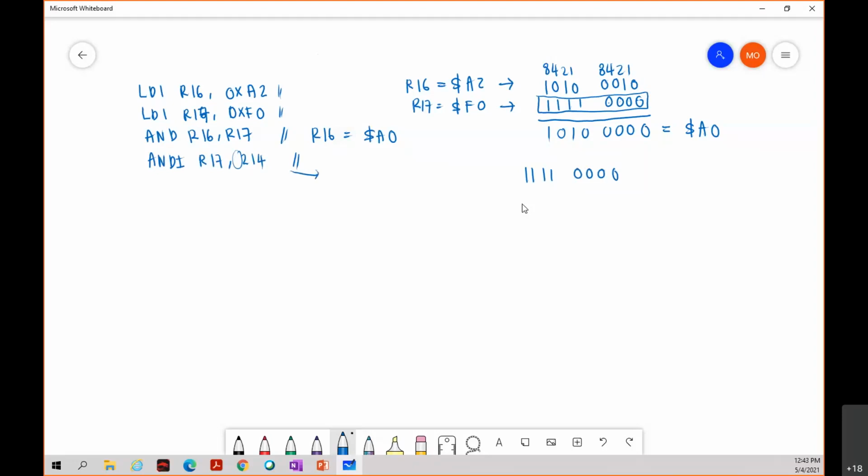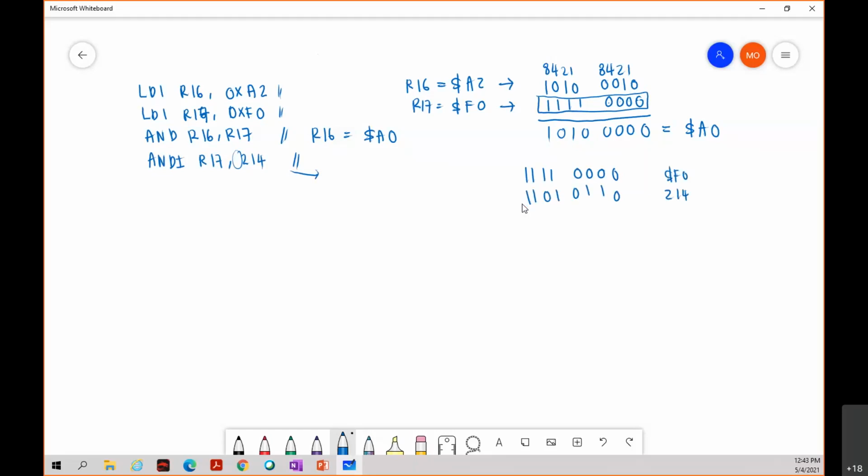What is the binary representation for 214? 110 101 10. Yes. So this is 214 and this is your F0.